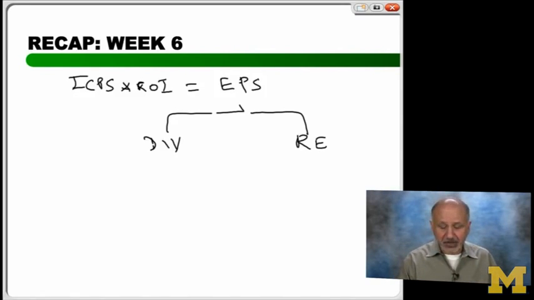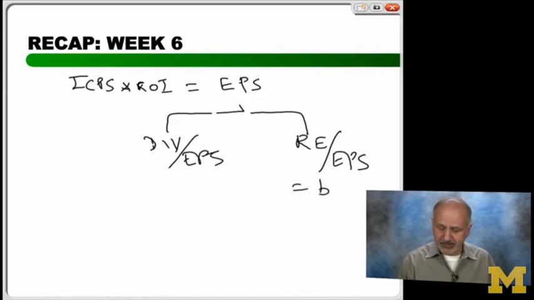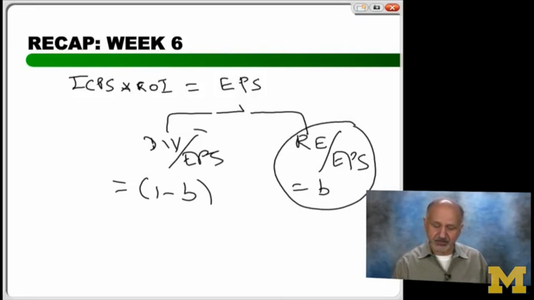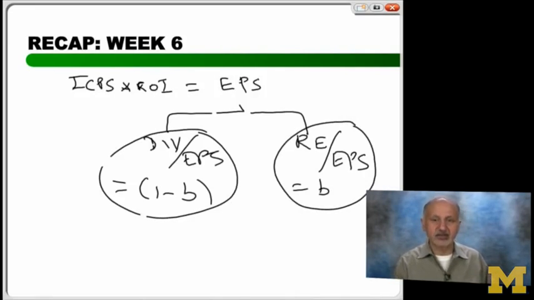Okay? We said this was in a ratio divided by EPS, and we call this B, and we call this 1 minus B. So this is the fraction retained. This is the fraction paid out.